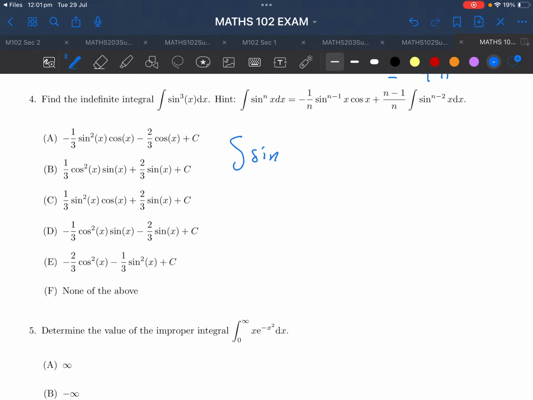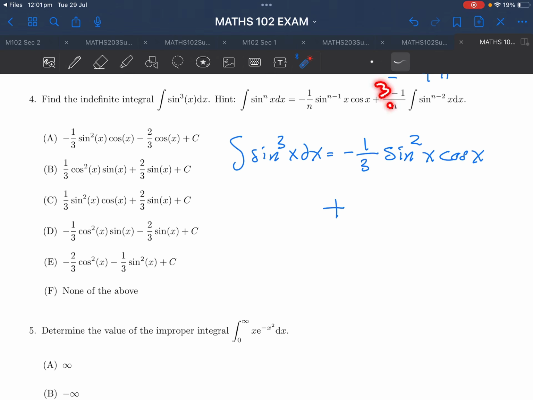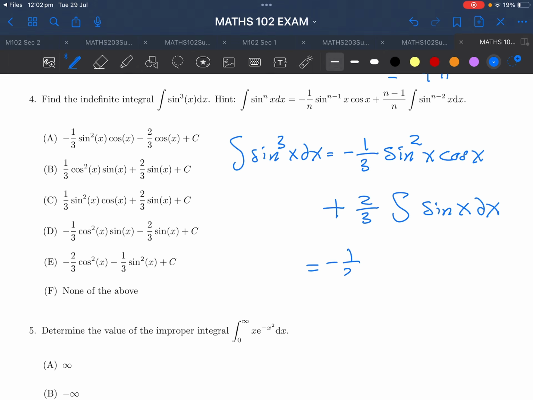So if we substitute n equal to 3, it will be -1 over 3 sine to the n minus 1, so it will be sine squared x cosine x, plus 2 over 3 integral of sine x dx. So the final answer will be -1 over 3 sine squared x cosine x.